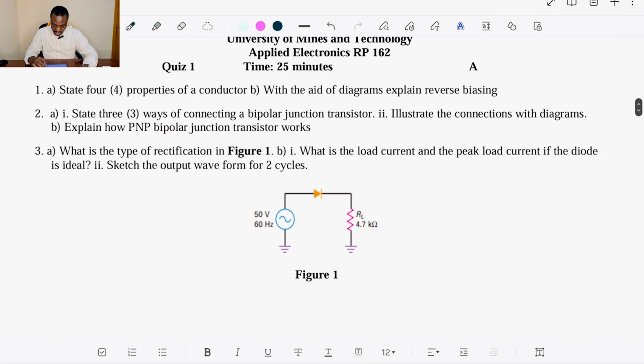Question 1B, with the aid of diagrams, explain reverse biasing. So reverse biasing is a process in which a diode prevents current from passing through it, right?